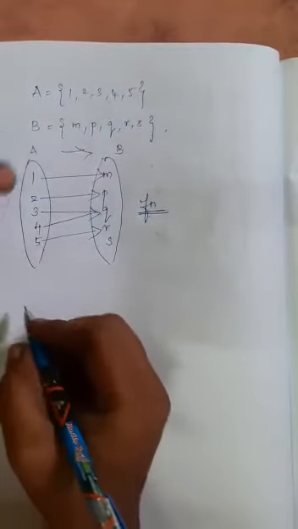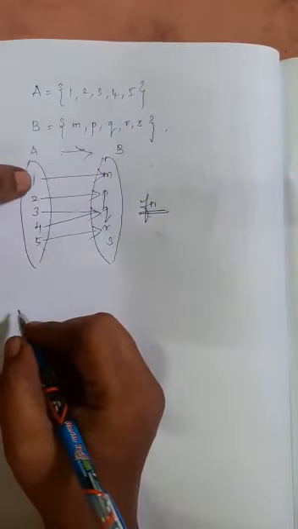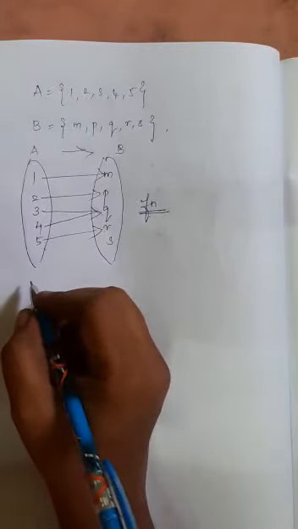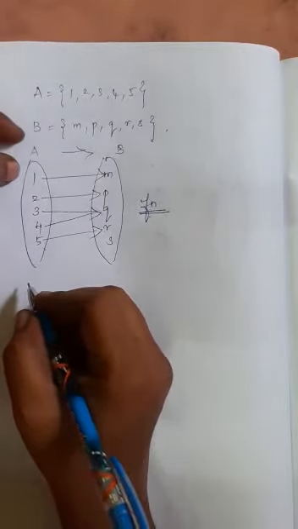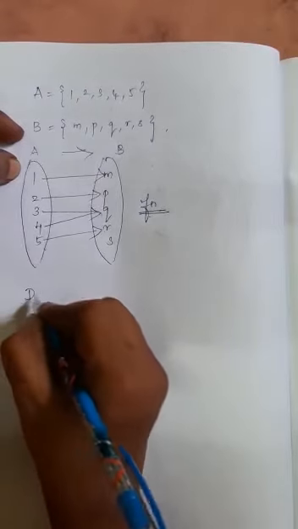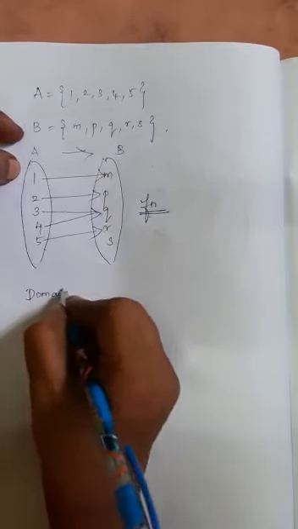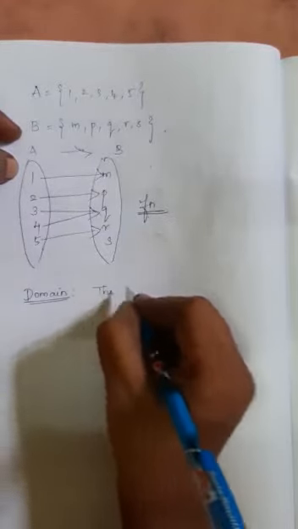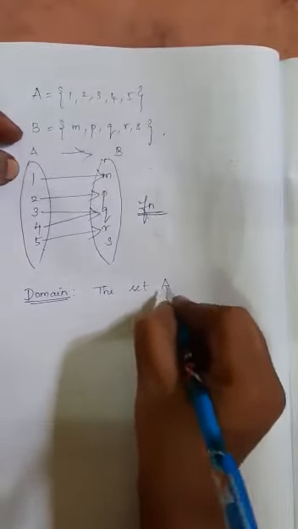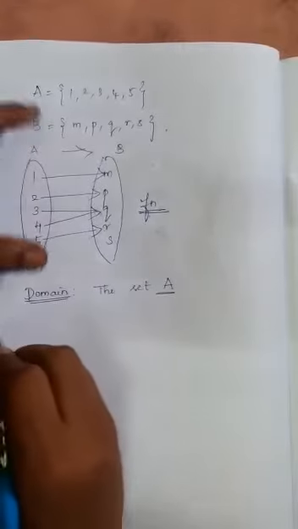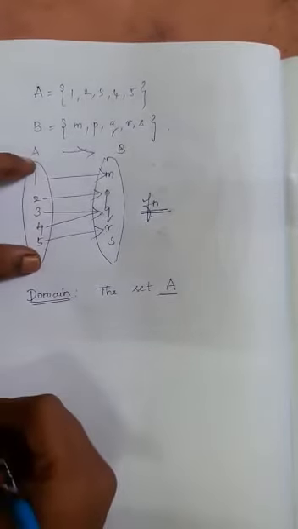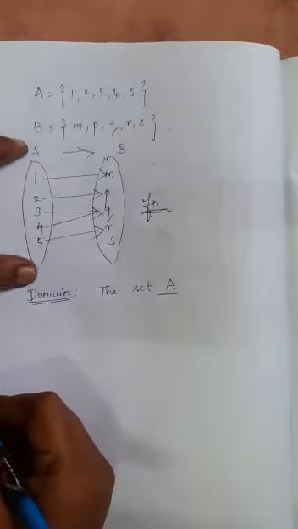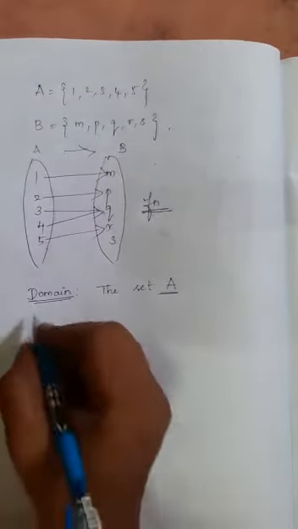Now all the elements in A are mapped, right? So all the elements in the set A are known as the domain. Domain is the set A. When all the elements are mapped, we can say it is a function.